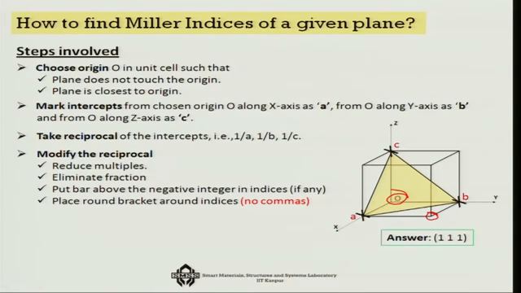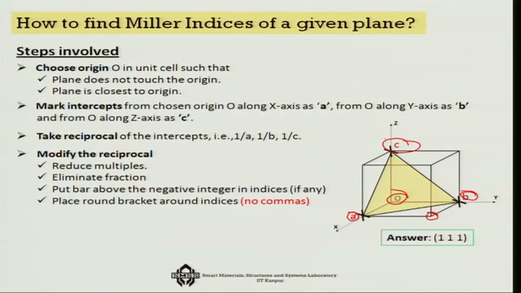Then you mark the intercepts from the chosen origin O along the x axis A, y axis B and z axis C. Now, take the reciprocal of them, that is 1 over A, 1 over B, 1 over C. After taking the reciprocal, if you find that there are some common multiples involved, then you can reduce them.